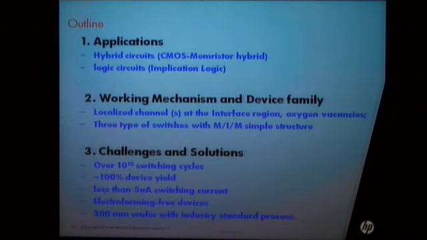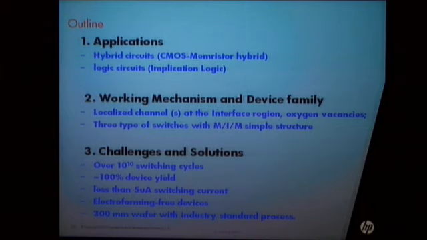And to summarize what I said, I demonstrated two new recent applications of the memristive device: a hybrid circuit and a logic circuit. I briefly talked about the switching mechanism involving a localized conductance channel at the interface region. It is oxygen vacancy drift responsible for the switching.